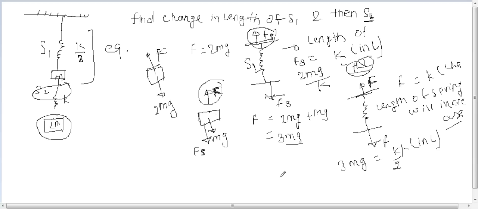So this will be 6mg by k, equal to the increase in length. So the length of this spring also increases, and the length of this spring will also increase.